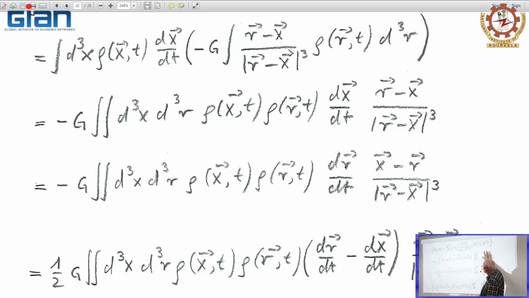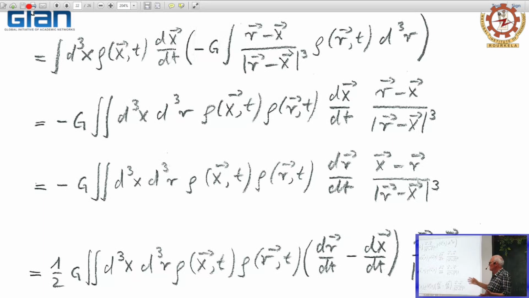It should be an expression which is symmetric in x and r.